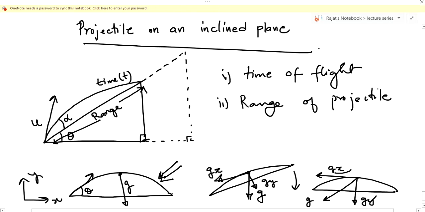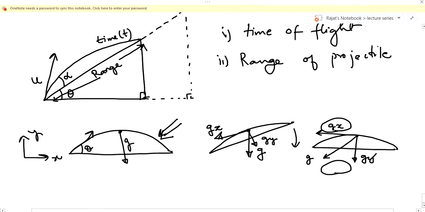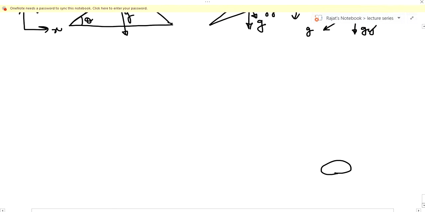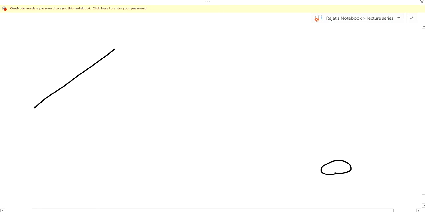So there is acceleration in the x direction also, which is a component of the total acceleration g. This approach will be a bit difficult because I haven't told you about acceleration in the x direction. So I'll take a very easy approach.